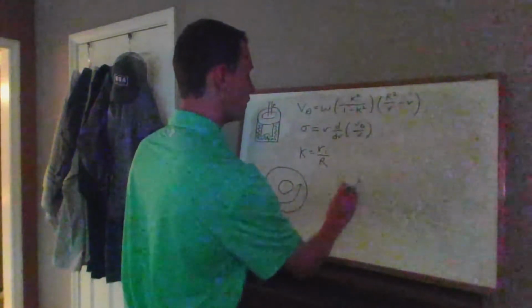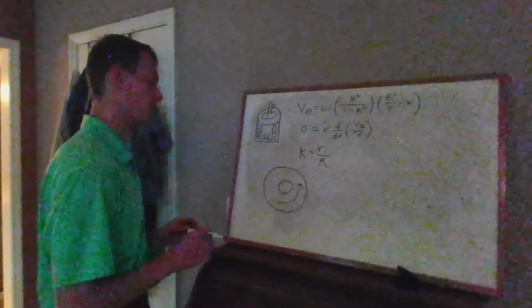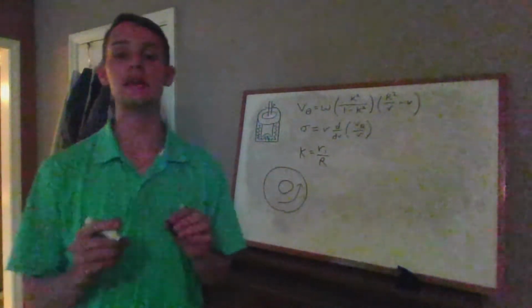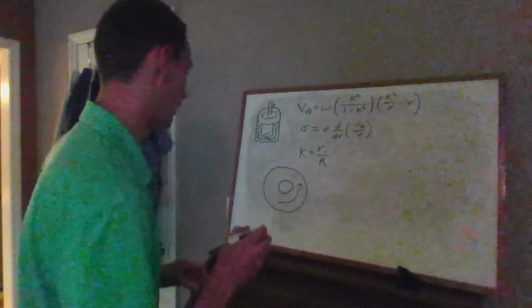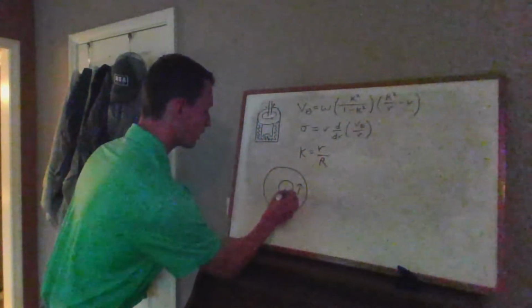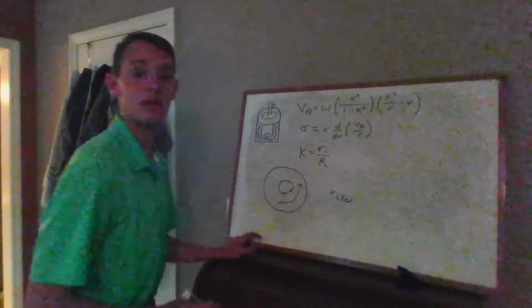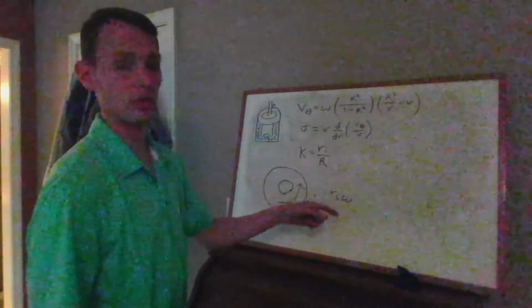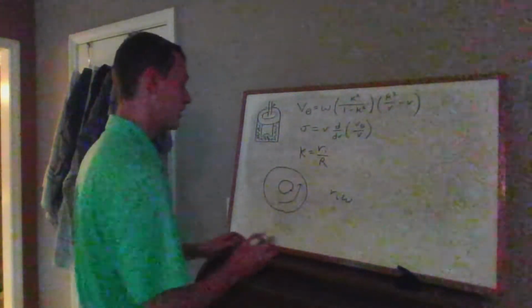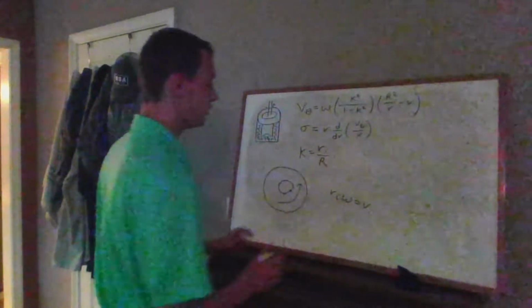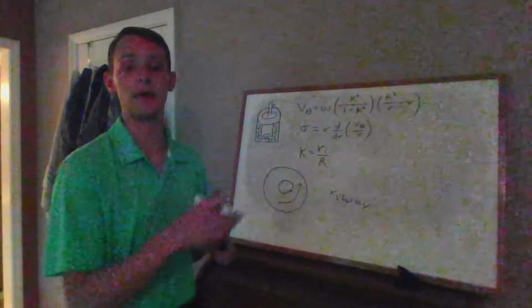Okay, so the no-slip boundary condition: the velocity of the liquid at the surface is equal to the velocity of the surface. So that means our inner cylinder that's spinning at R sub i, the inner radius, multiplied by the angular velocity, is also the velocity of the liquid that's spinning around.